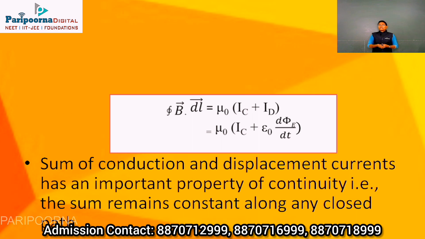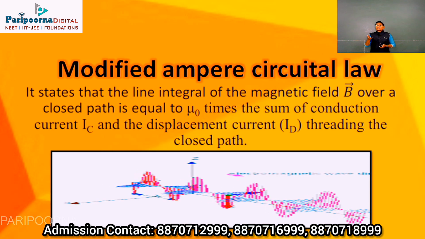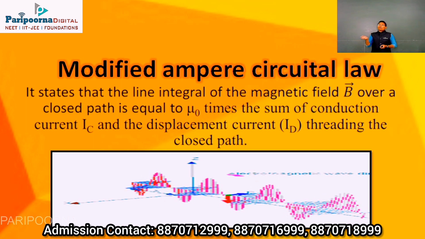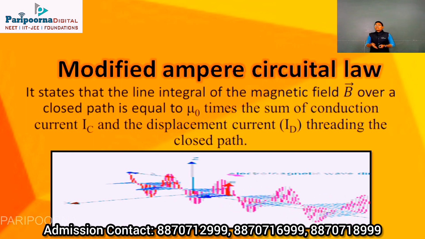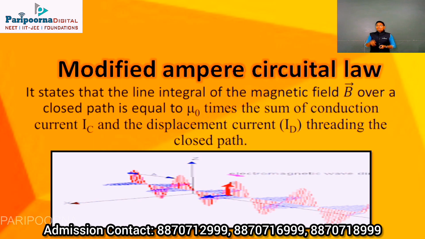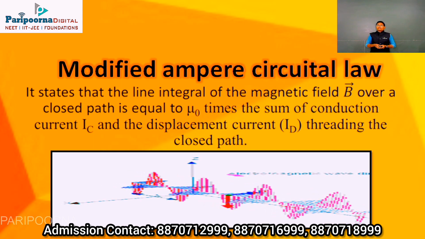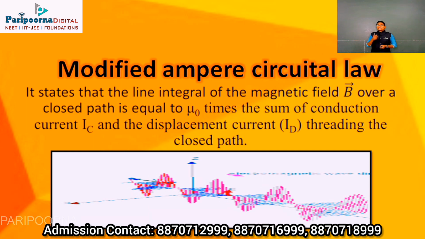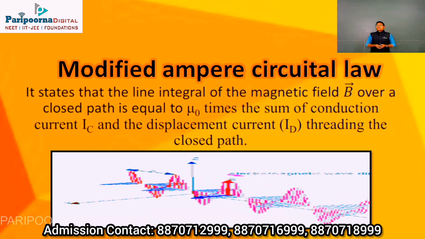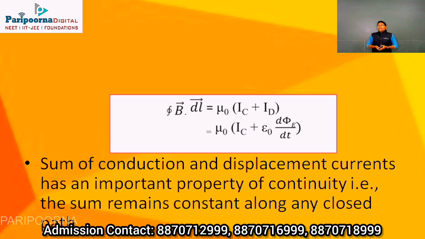That can be represented as the integral of B vector dot dl vector equal to mu naught. The statement we have learned is in the form of a formula: the line integral of the magnetic field B over a closed path, that is why we use that symbol for the closed path integral, equals mu naught times the sum of the conduction current I_C and displacement current I_D.